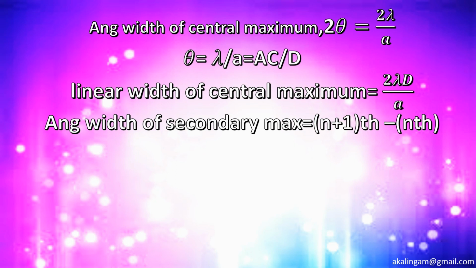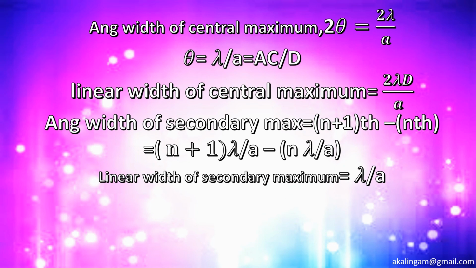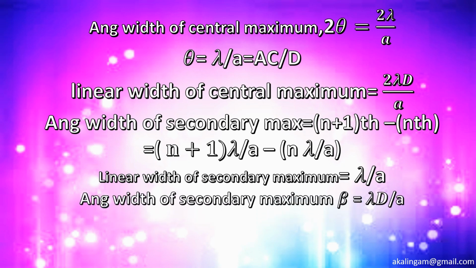Angular width of secondary maxima is equal to the (n plus 1)th minus the nth, which is (n plus 1) lambda by a minus n lambda by a. Subtracting, I get the angular width of secondary maxima equal to lambda by a. For the linear width of secondary maxima, I am denoting it by beta, which is equal to lambda D by a.